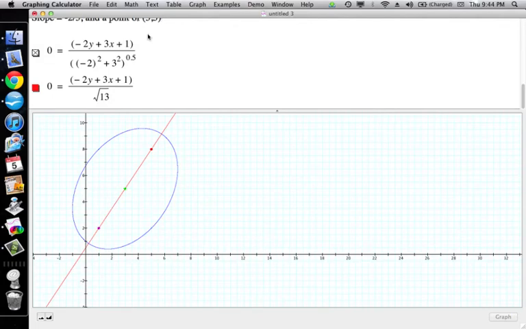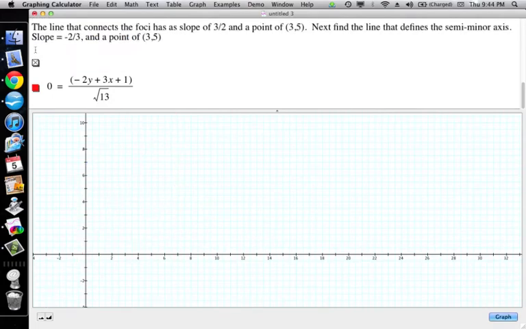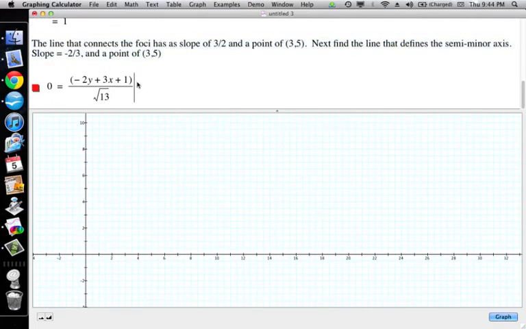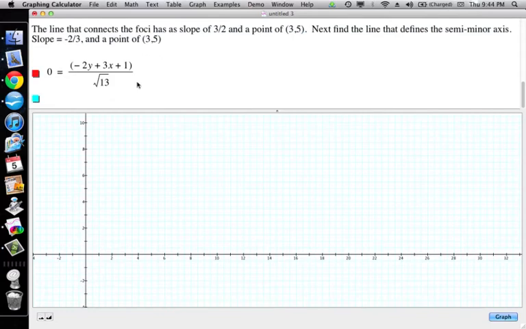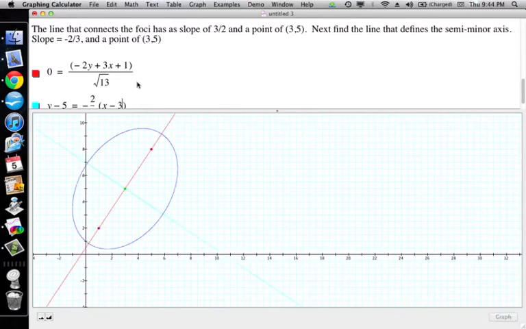Let's start building this again. So I've got y minus 5 equals negative 2 divided by 3 (x minus 3).